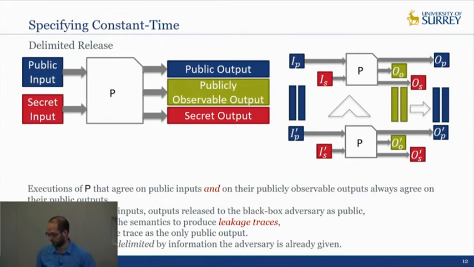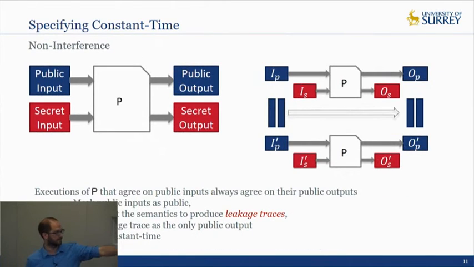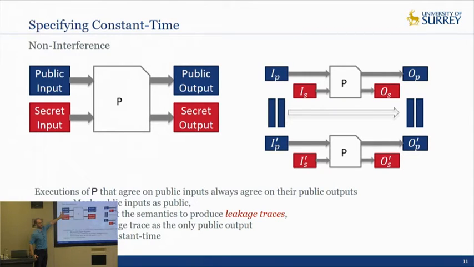Yes, so if you want pure constant without any dependency even on public inputs, that would be pure constant thing where all inputs are marked secret, and then your leakage trace is marked as public output. And you can look at that, and in fact, many examples are like that.